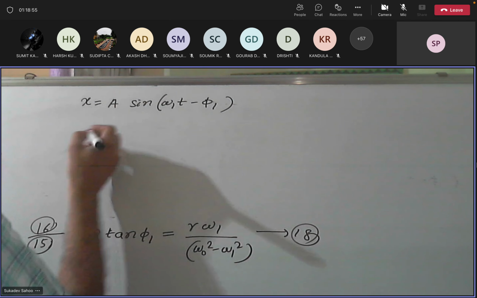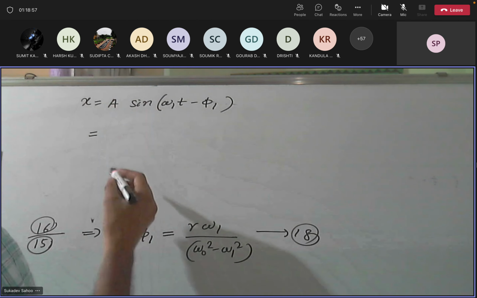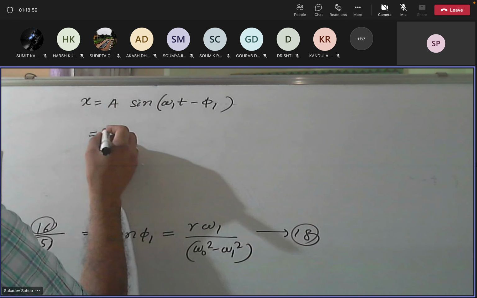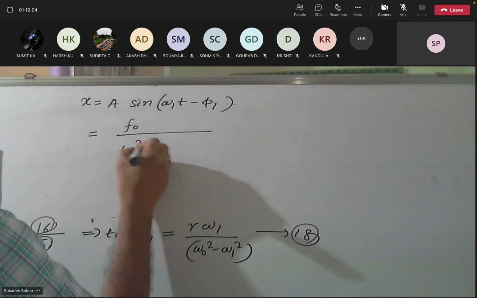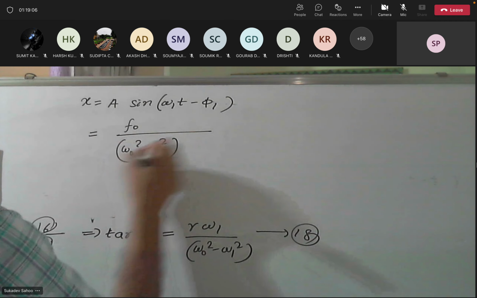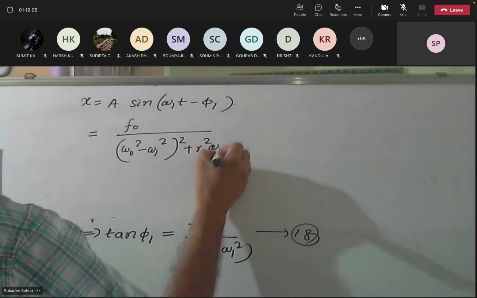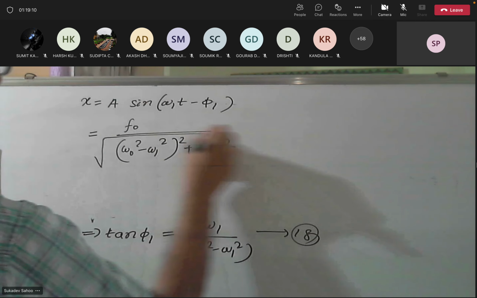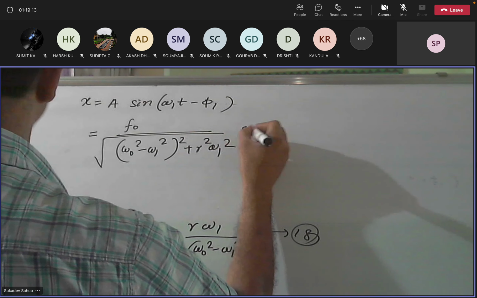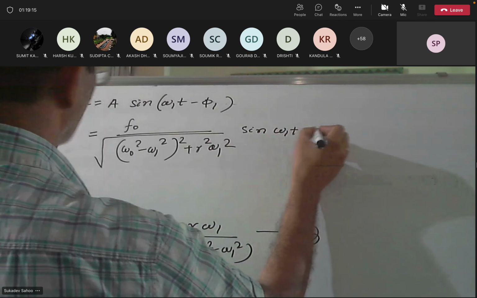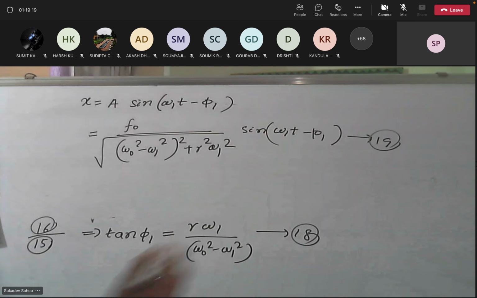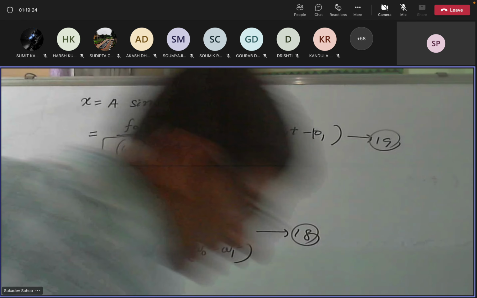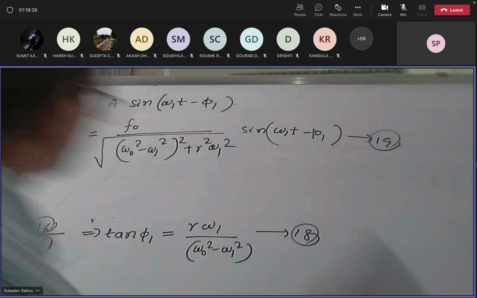Substituting the value of a, we can write the square root of this. So this is the particular integral, this is the PI.